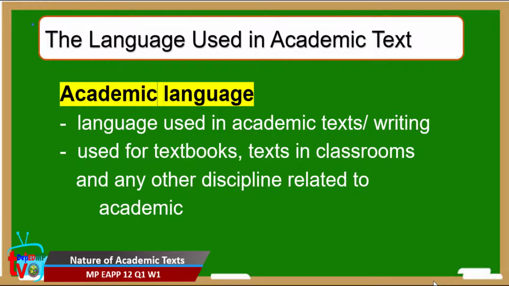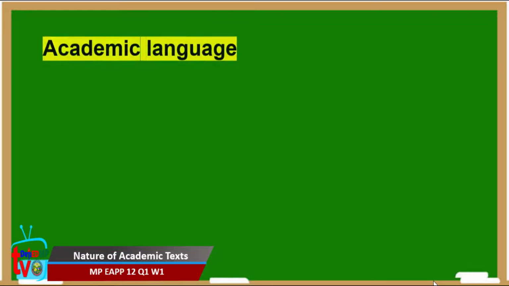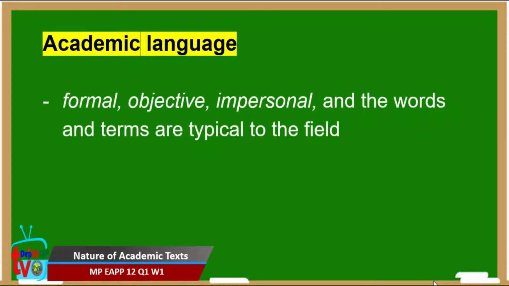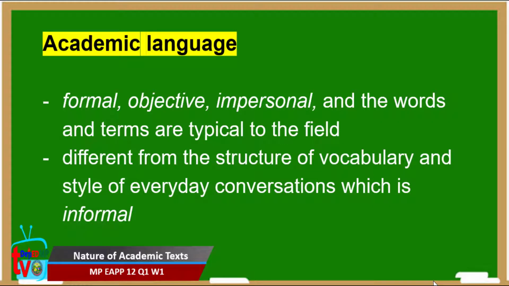It is typically used for textbooks, texts in classrooms, and any other discipline related to academics. It is formal, objective, impersonal, and the words and terms are typical to the field. It is very different from the structure, vocabulary, and style of everyday conversations, which is informal.